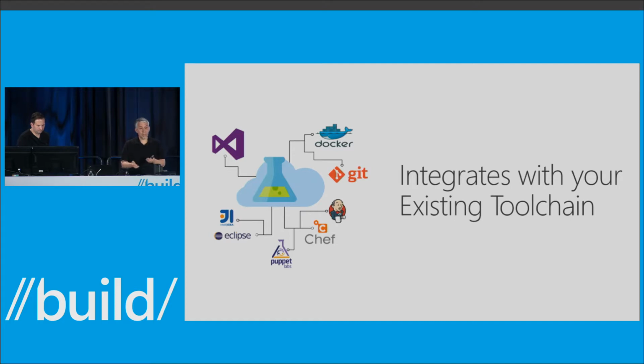We're building this to run both for Windows and Linux. For example, I'll show quickly the integration in Visual Studio, but we'll have an integration in IntelliJ and Eclipse so that you can deploy to these labs while applying everything.